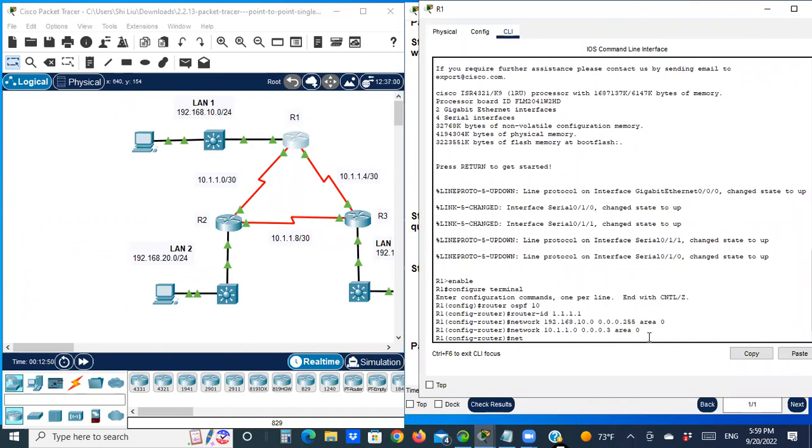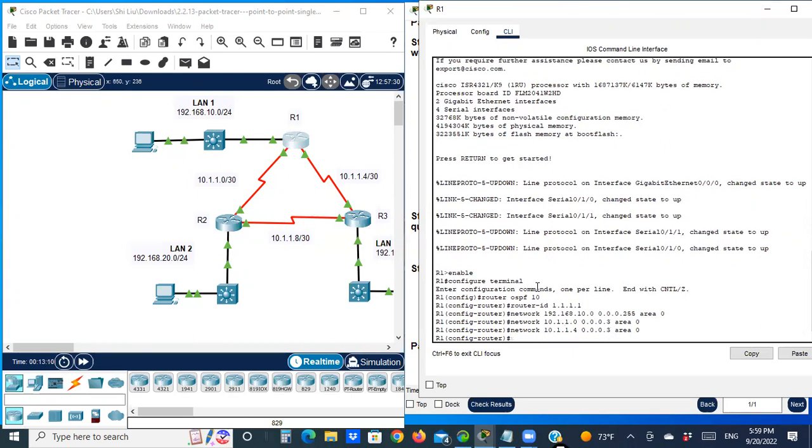Okay, and the third one, network 10.1.1.4. This is a network address, with wildcard mask 0.0.0.3, area 0. Okay, we're done for R1.